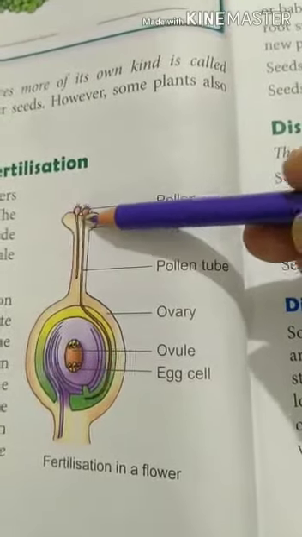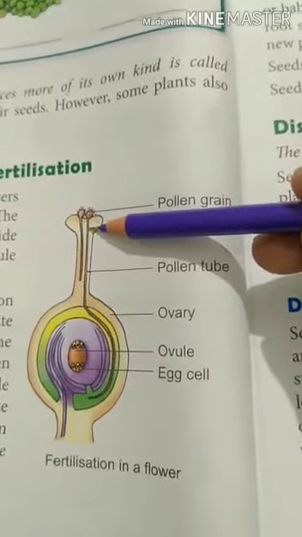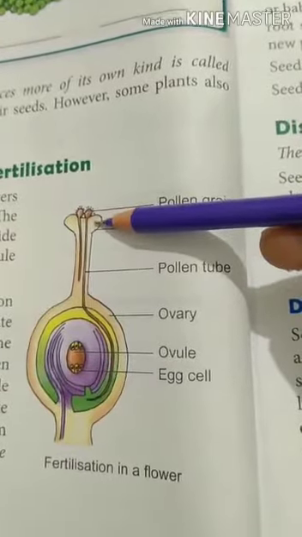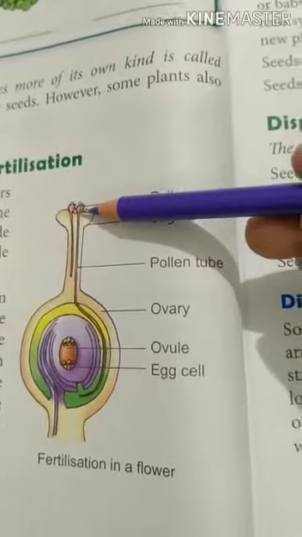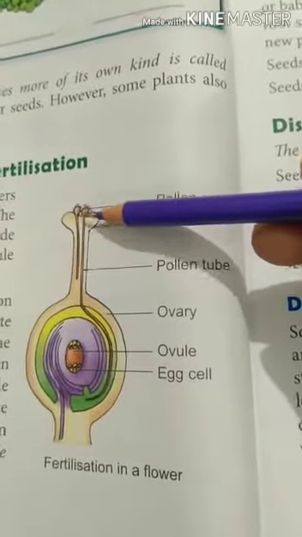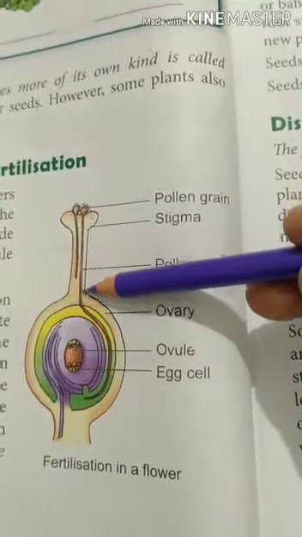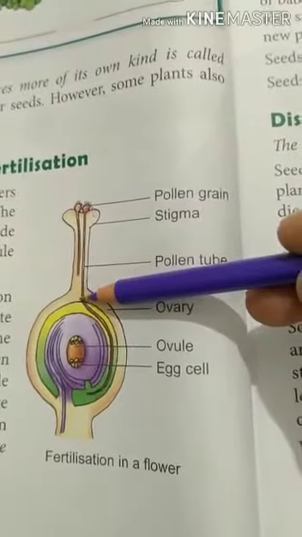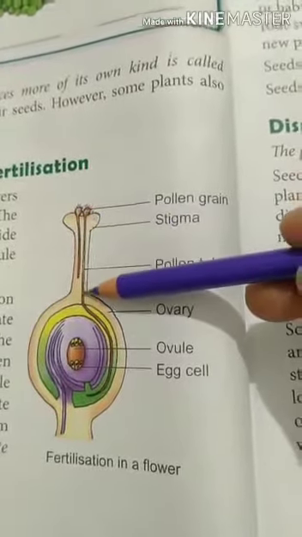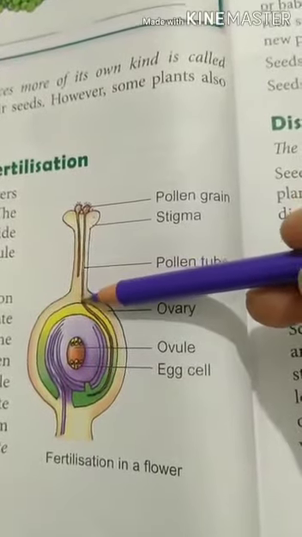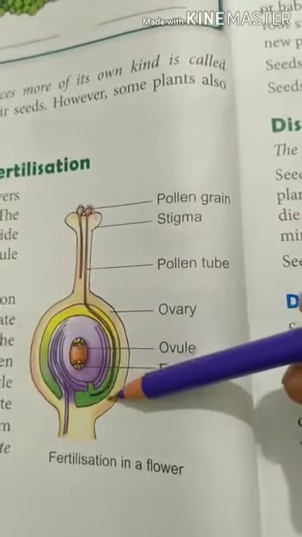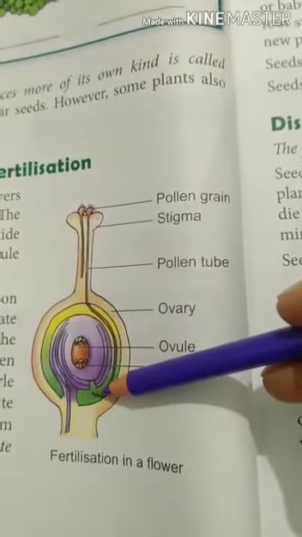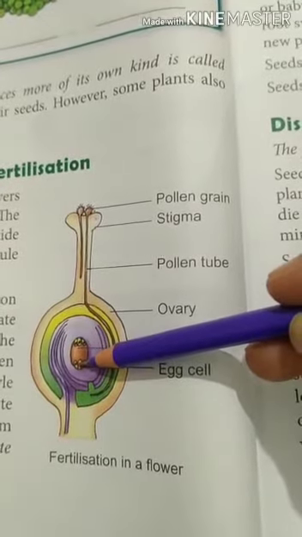When pollen grains fall on the stigma, it releases a sugary substance and forms a tiny thread-like structure called the pollen tube. This pollen tube passes through the style and reaches the ovary. From the ovary, it goes to the ovule.